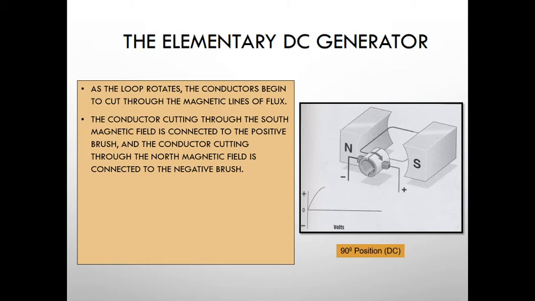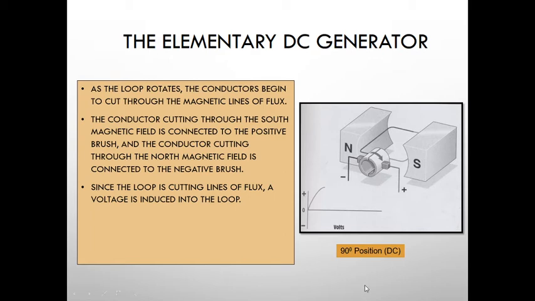And the conductor cutting through the north magnetic field is connected to the negative brush. You can see in the diagram, this brush is connected to north, the black one, and the other side is connected to south. Okay? South.